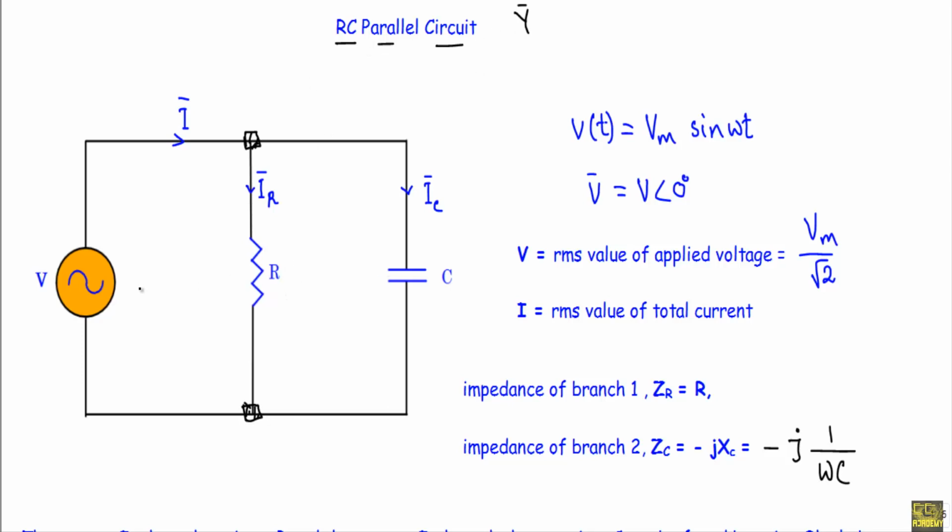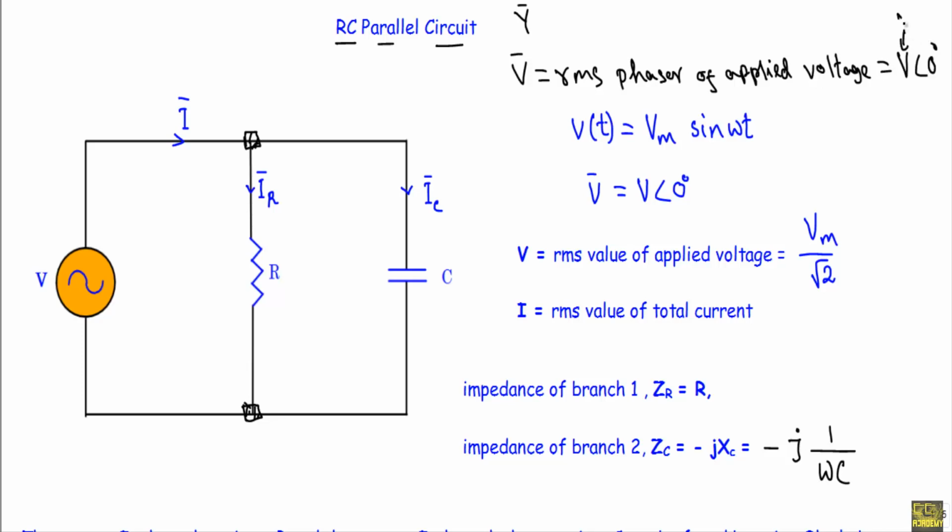This RC parallel circuit is connected across a sinusoidal voltage source, as this is a sinusoidal alternating signal. Therefore, instantaneous voltage will be Vt equal to Vm sin omega t. Let's say the RMS phasor of applied voltage is vector V, and that will be equal to V phase angle 0 degree.